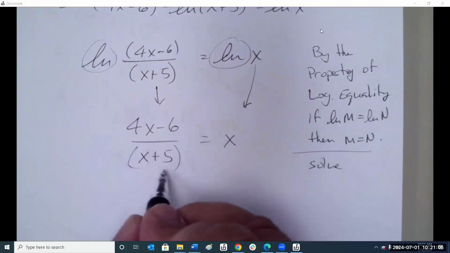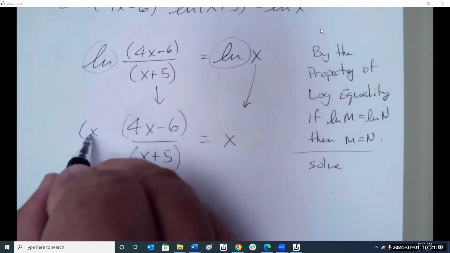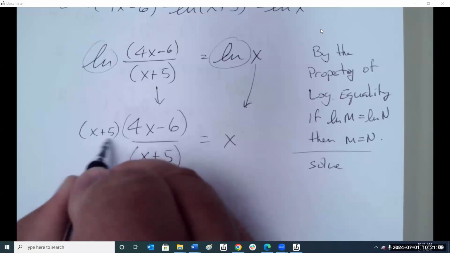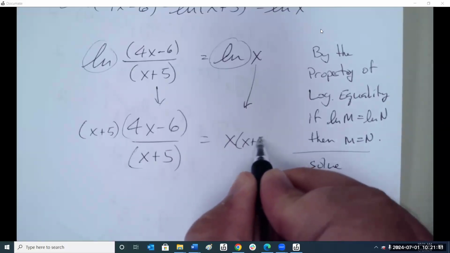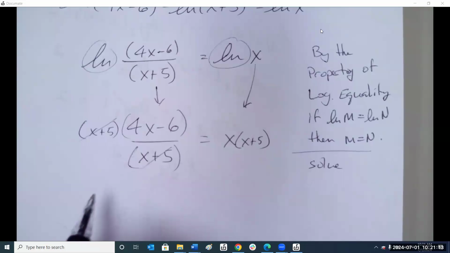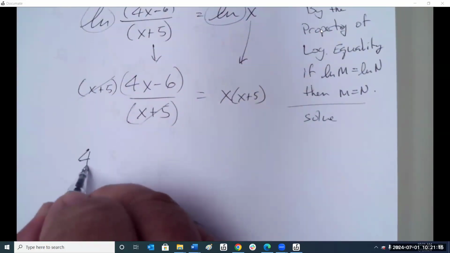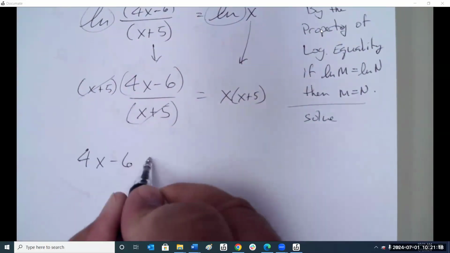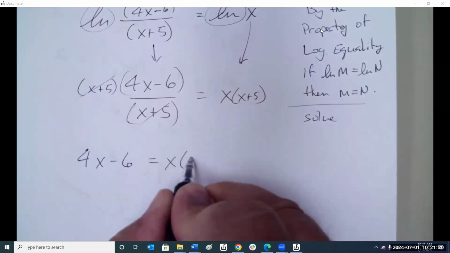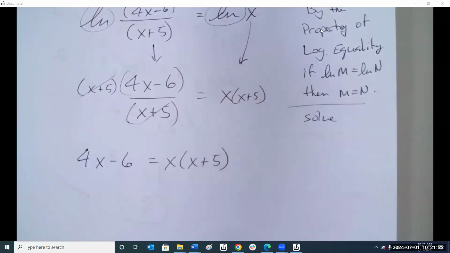So multiply both sides by the denominator, x plus 5, which gives us 4x minus 6 equals x times x plus 5.